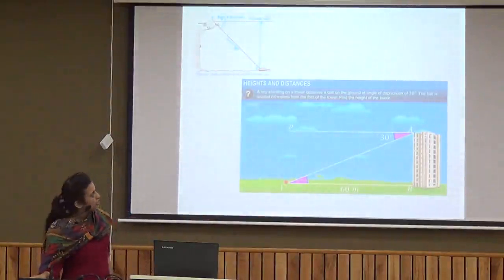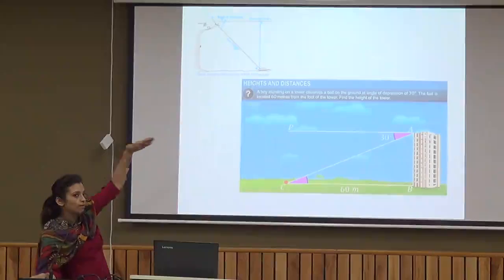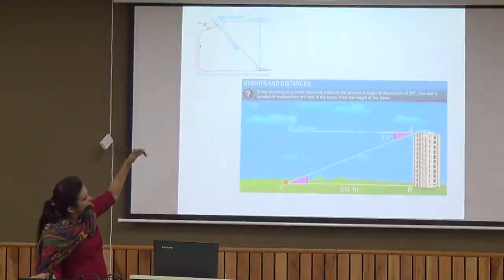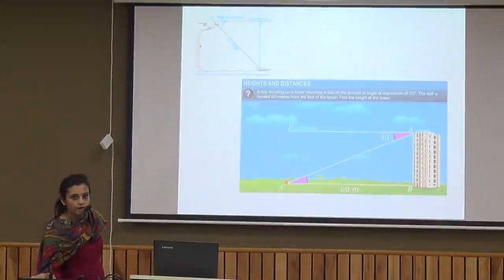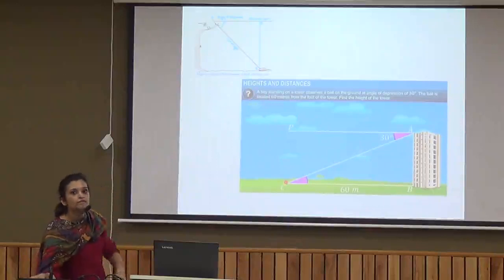The topmost left side picture shows a bird quietly watching a mouse. Now the horizontal level of the eyes of the bird is given as the topmost horizontal line, and the angle at which the bird has to lower down the eyes, that angle makes the angle of depression.